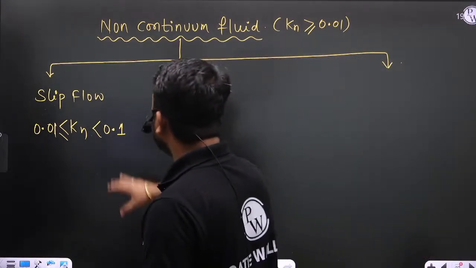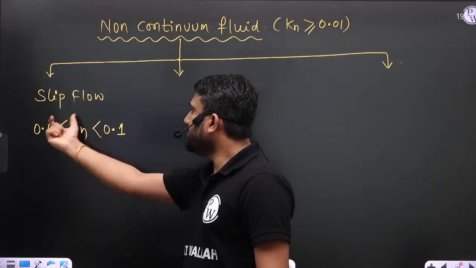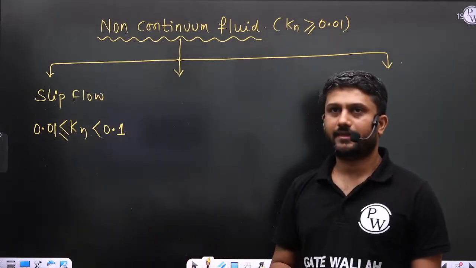So for the slip flow, the Knudsen number value is in between 0.01 and 0.1, right?